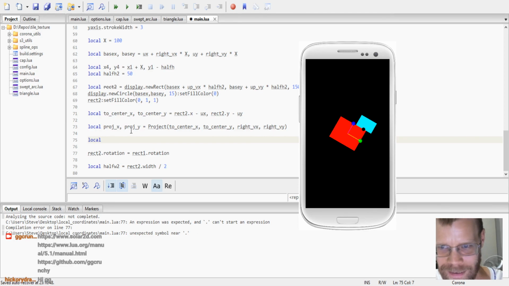My brain is striking things out. I'm getting confused. And so we want the base again, so we'll just make this base 2x, base 2y. And we want to go from here to there. So we add the projection to that position.